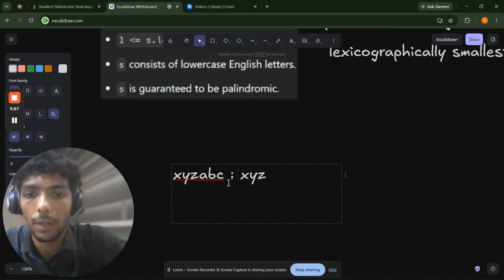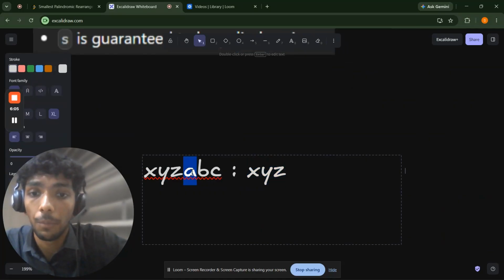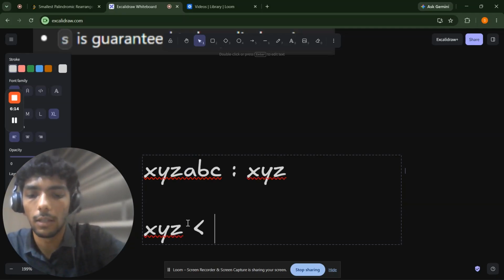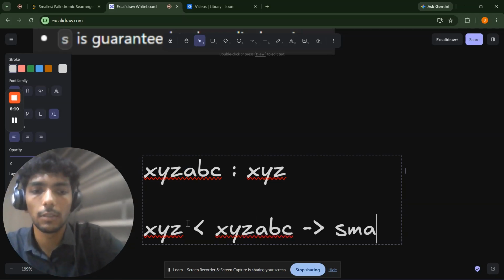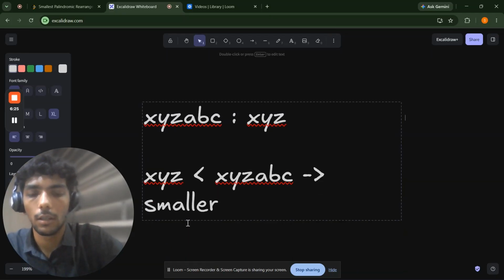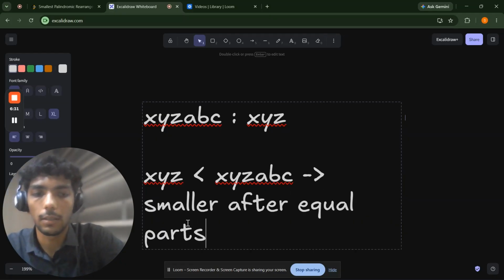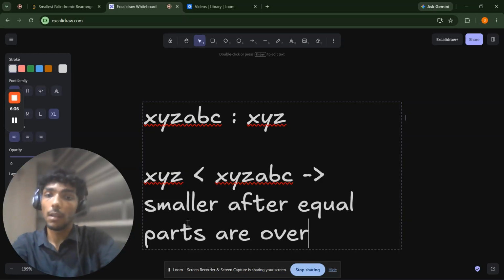When we compare these two strings, we see that the first three terms of both strings are equal. But when we compare the fourth term, we find that xyz has no fourth term. So we conclude that xyz is smaller than xyzabc. Why? Because it is smaller after the equal parts are over.